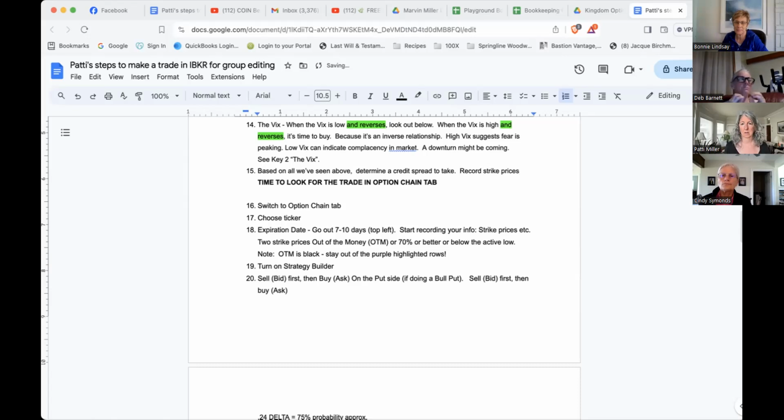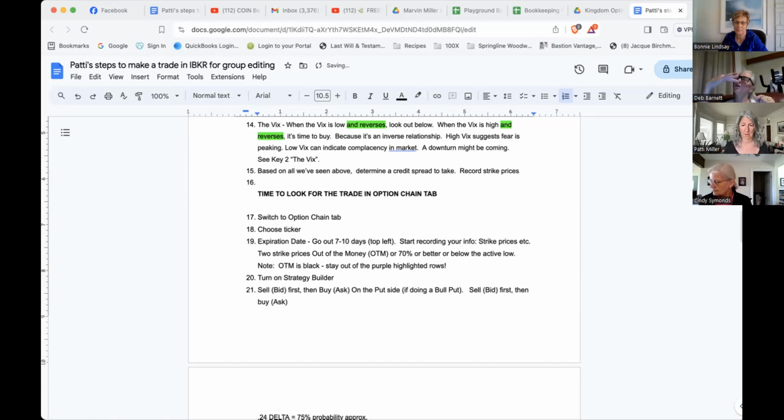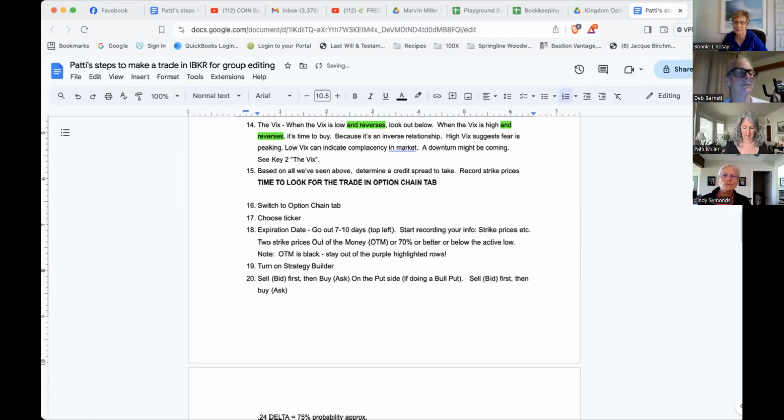No, this one we've seen above. What are we going to set as our starting point? It'll give us a clue as to where we want to go look on the option trader. So we want to determine the strike price that we want to check out.